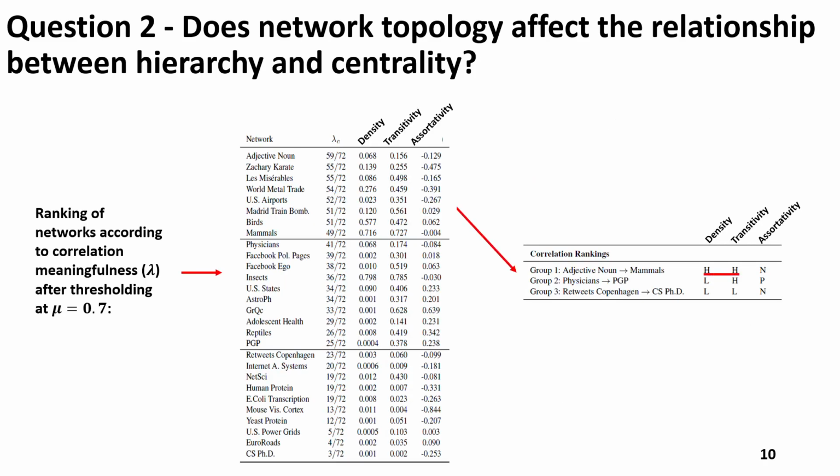Interestingly, we find that top networks have high density and high transitivity, while bottom networks have low density and low transitivity, and the middle networks have low density and high transitivity. Hence, yes, we can say that network topology is affecting the relationship between hierarchy and centrality.